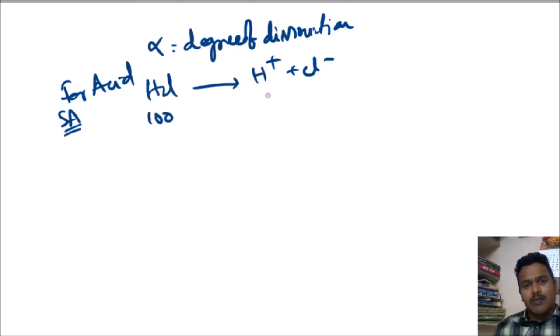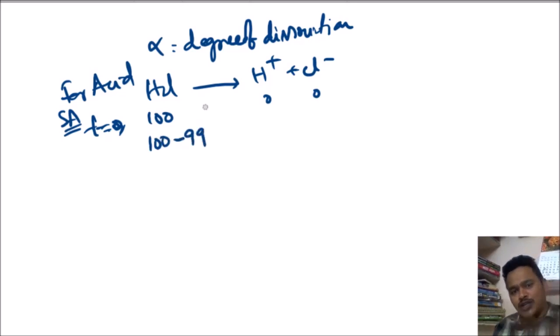Initially I am taking 100 molecules of HCl, that is at time t equal to 0, when the reaction and ionization have not started. After some time, dissociation is over, and out of 100, 99 HCl molecules are dissociated.